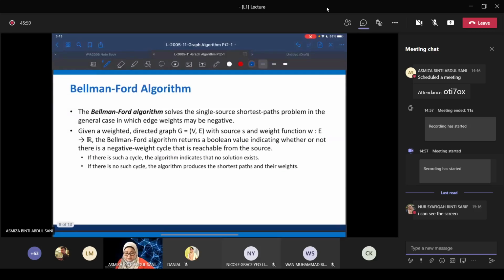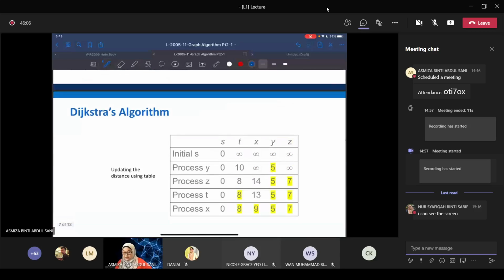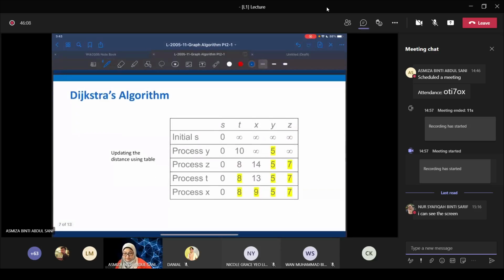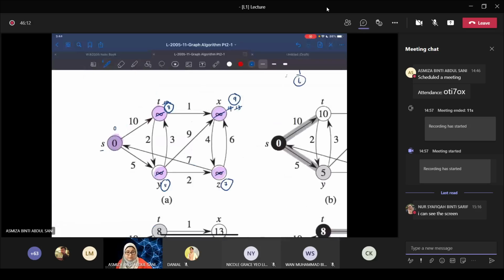Now we're going to be looking at Bellman-Ford. Before we go into Bellman-Ford, in our example here, we don't really have negative edges. All of our edges are positive. So what if there's a negative edge in the graph? You can still use Dijkstra.